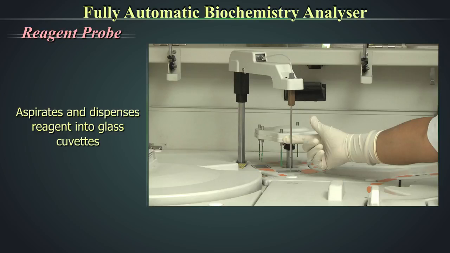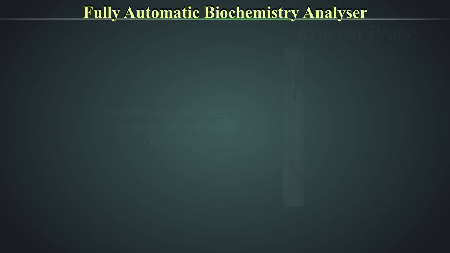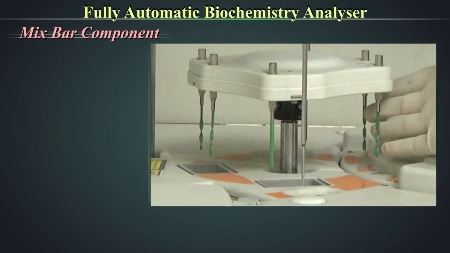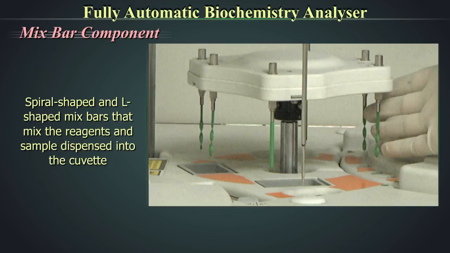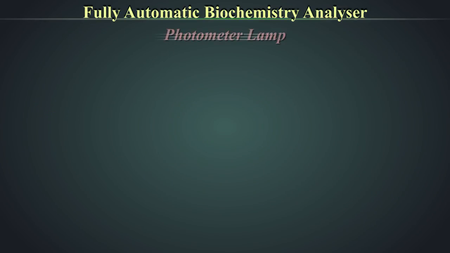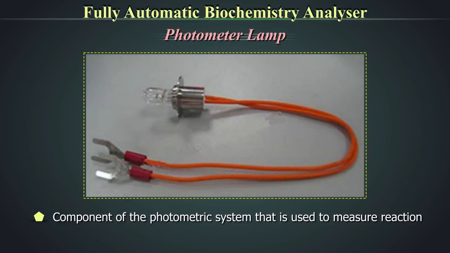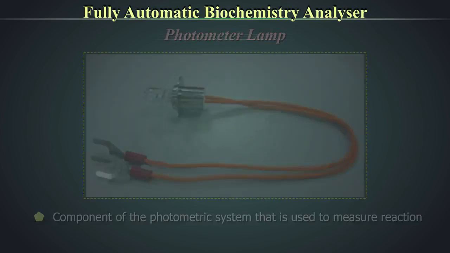Reagent probe aspirates with a syringe into glass cuvettes located in the cuvette wheel. Mix bar component. Mix bar component houses spiral-shaped and L-shaped mix bars that mix the reagents and sample dispensed into the cuvette. Photometer lamp. Component of the photometric system that is used to measure reactions.